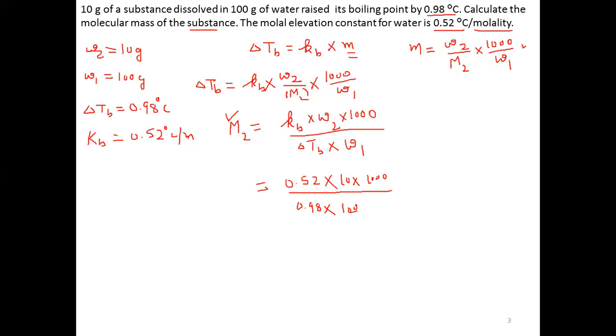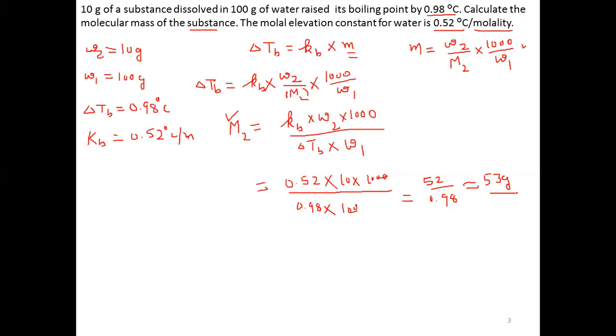So it gets cancelled. So it is 10 into 10, 100. 100 into 0.52 is 52, divided by 0.98. If we take it as approximately 1, it will be approximately 52. If we exactly solve it, it is something like 53 grams. So approximately it is 53 gram.